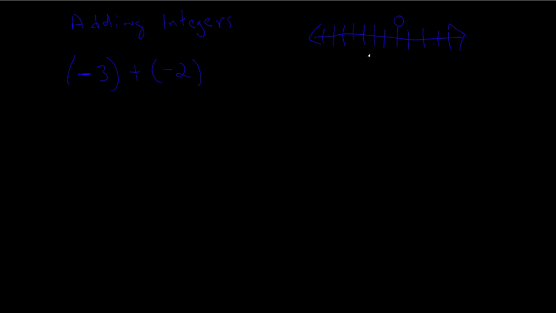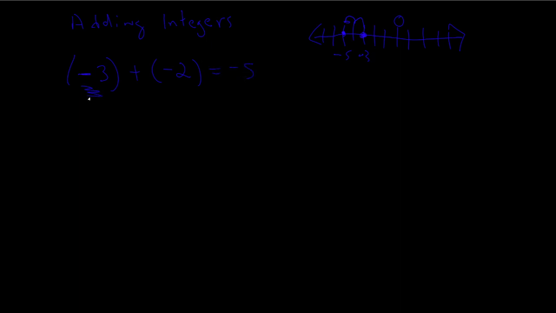I'll put my 0 here, and I'm starting at -3. 1, 2, 3. So here's -3. So I'm starting here, and I'm moving to the left because it's a negative sign. So I come over 1, 2, and I end up on -5.